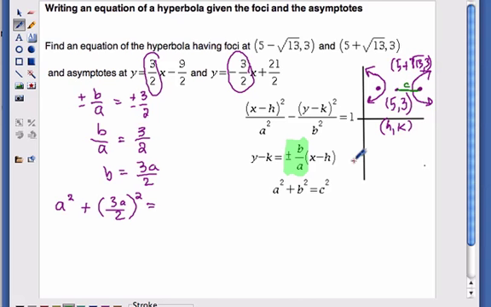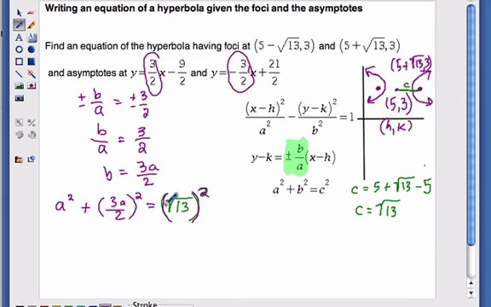So c equals 5 plus the square root of 13 minus this 5 here. The 5's cancel each other out and it leaves me with c equals the square root of 13. So I'm going to plug that into this formula here: square root of 13 squared.